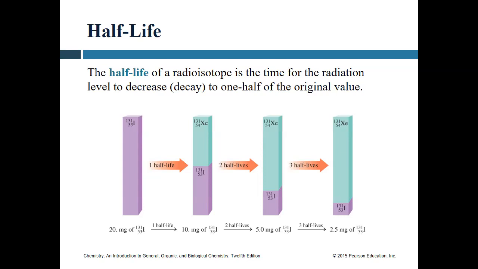And the nice part about that is because it is so predictable, we can actually use this concept to try to figure out how long things have been decaying, if we know how much was there at the beginning versus how much there is now.